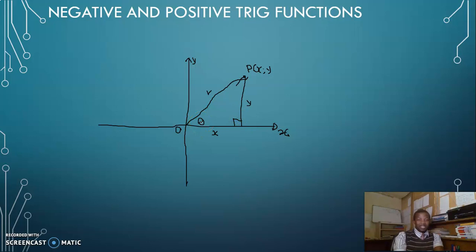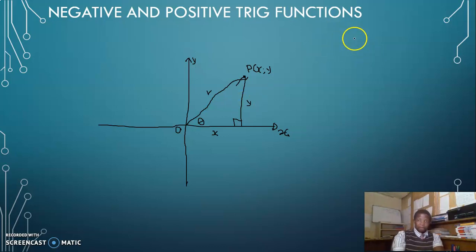When you are sitting here, you've got an opposite side, which is in this case y. You've got the adjacent side, which is x, and then you've got the hypotenuse side, which is r. So when you look at this, let's say you try to find the sine of this angle. The sine of this angle is going to be opposite, which is y.